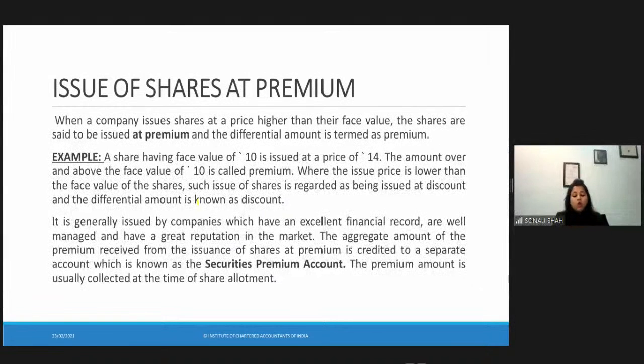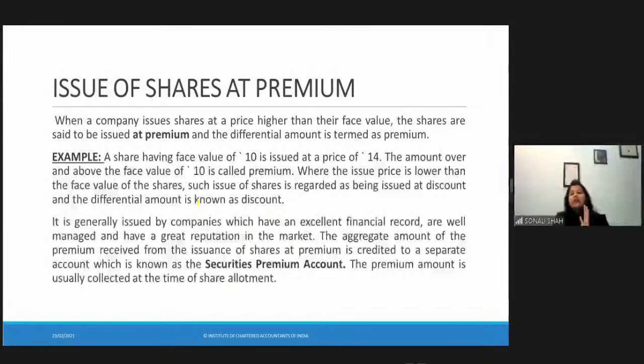Similarly, if you go and eat momos at a fine dining restaurant, you might end up paying 500, 600 rupees for 6 pieces of momos. But if you have it at a kiosk, you might get it for 40 rupees. So what is happening there? The goods are being offered at a premium. Now, the companies which have an excellent financial record and a great reputation in the market are able to offer shares at a premium, right?